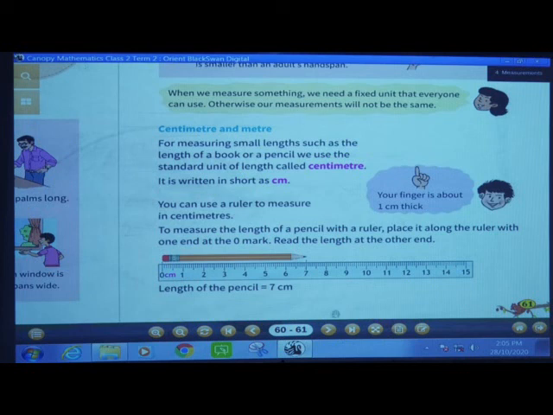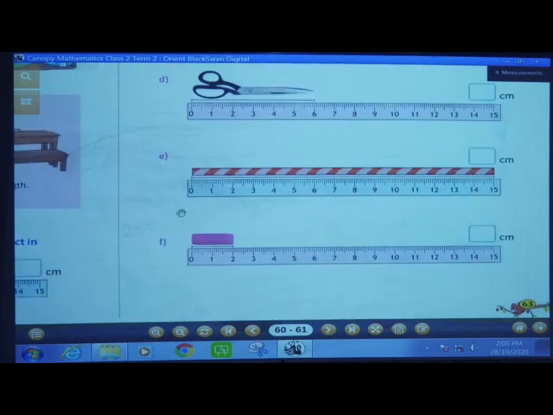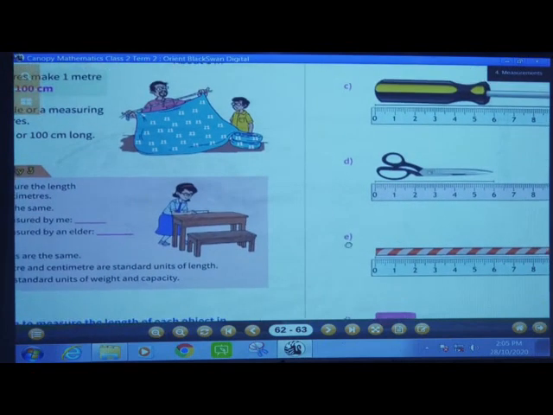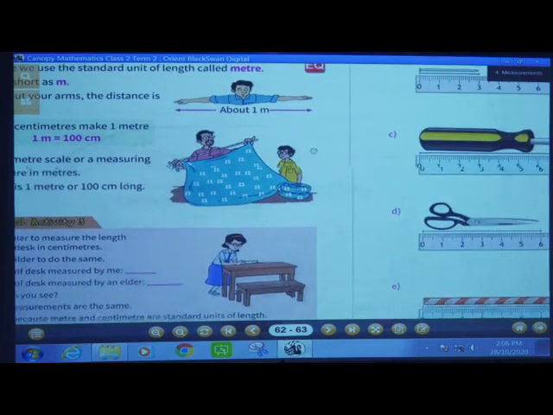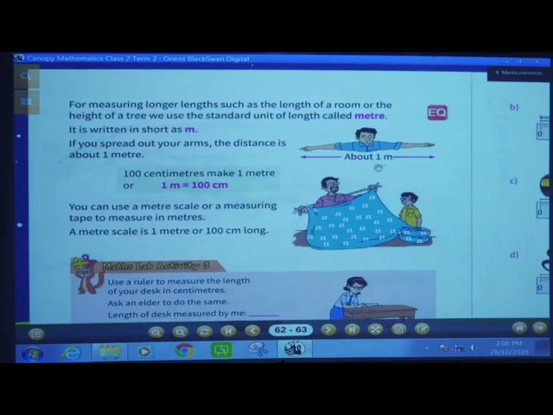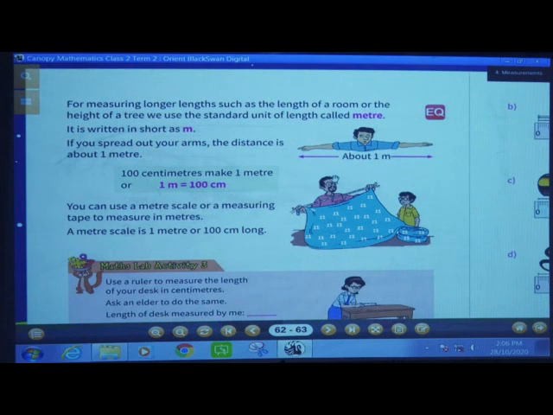Now turn the page. We have seen centimeter. Now we will see meter.